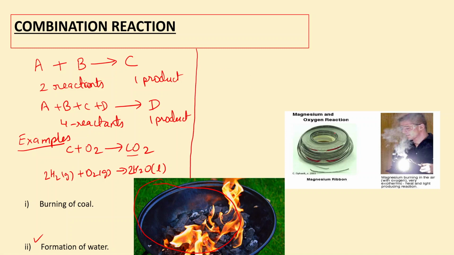Now you can see what this man is doing. This is magnesium ribbon. This is an element. He is burning it. It burns with a dazzling white light. So a lot of heat and light is produced. So here what kind of reaction is taking place? Magnesium plus oxygen gives you MgO.